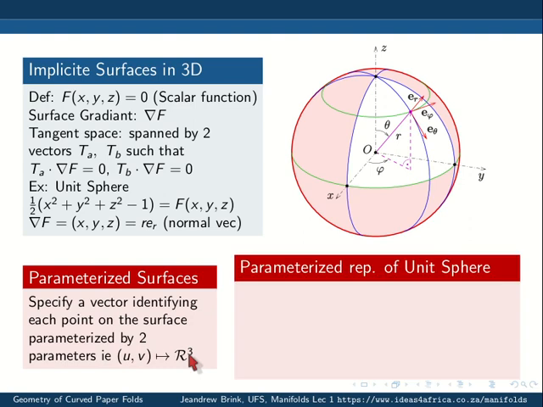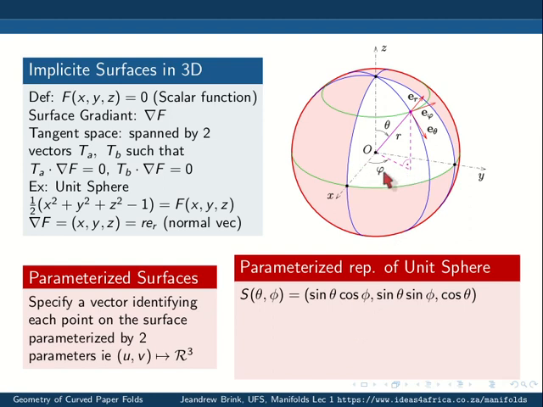Okay, and that description, if we're doing it for the unit sphere, the surface is parameterized by theta and phi, and then every single point in 3 space on the surface is described by these coordinates. So the x coordinate is sine theta times cos phi.